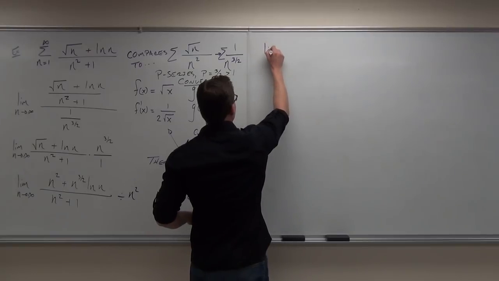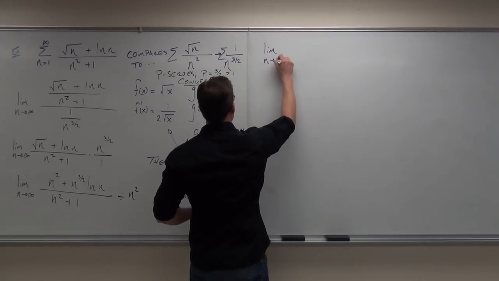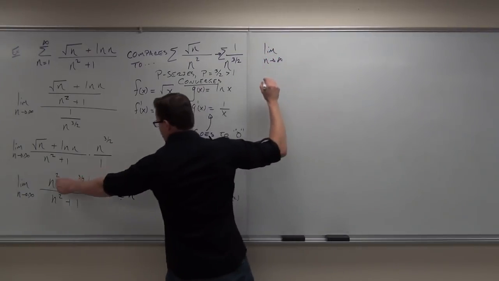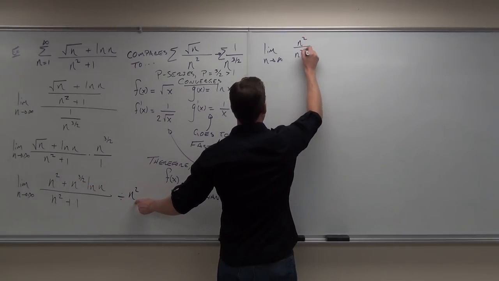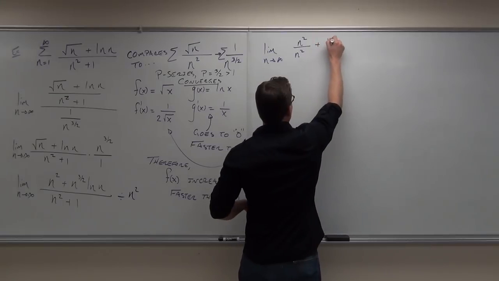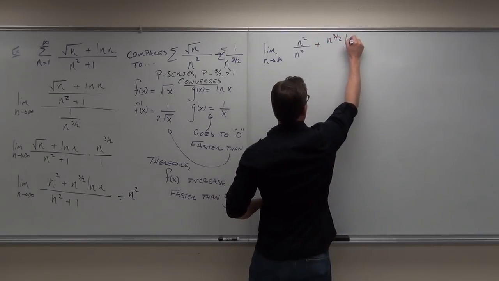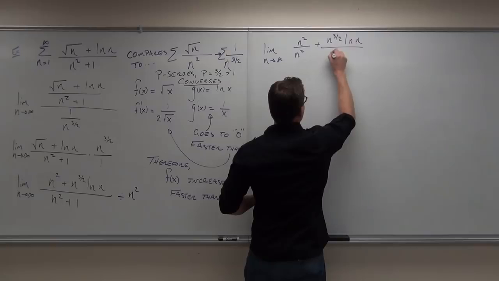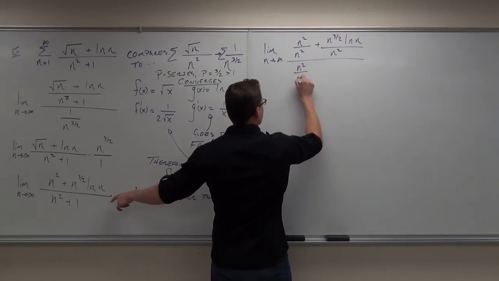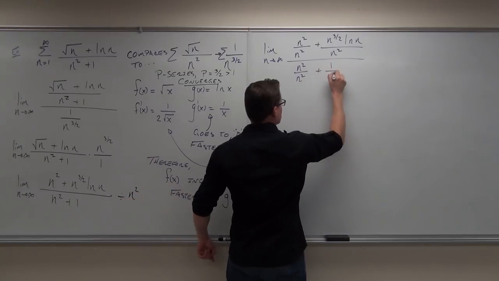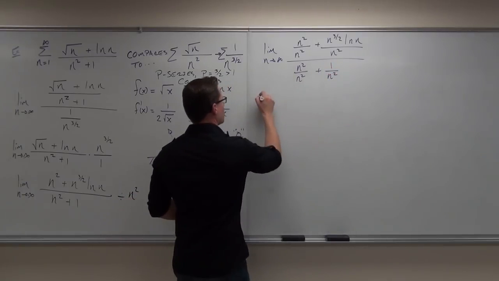So this is a limit as n approaches infinity of n squared divided by n squared. I'm going to write it out. Plus n to the 3 halves ln n over n squared, all over n squared over n squared plus 1 over n squared, just so we see where everything's coming from.